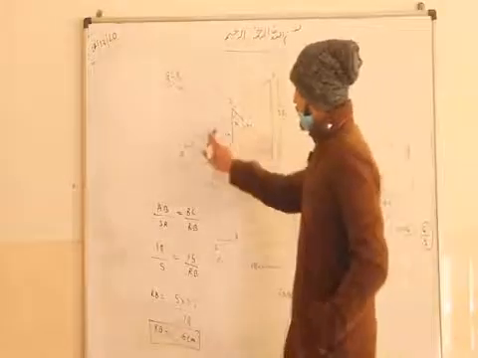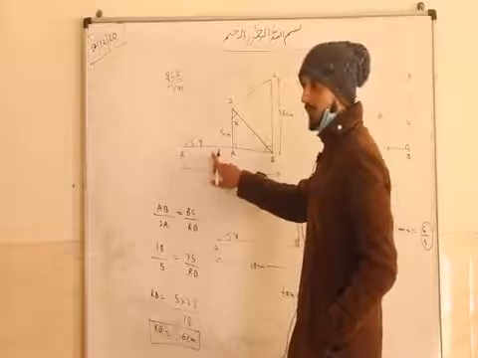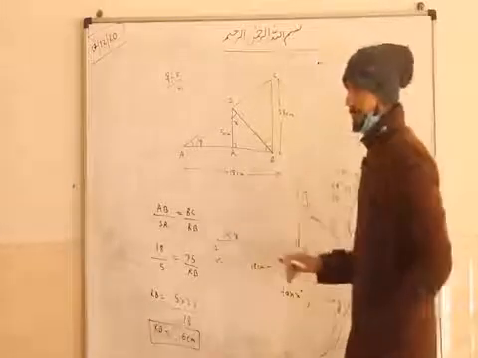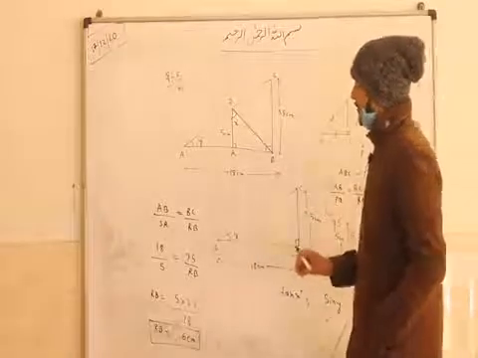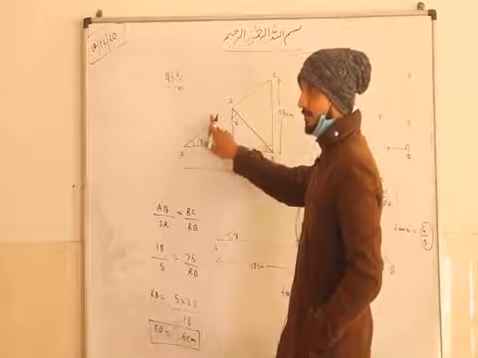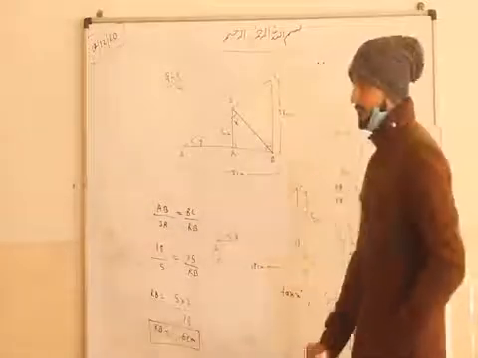If we talk about this triangle only, we need this side as well. The hypotenuse AS would be 13, and AC we have to calculate.